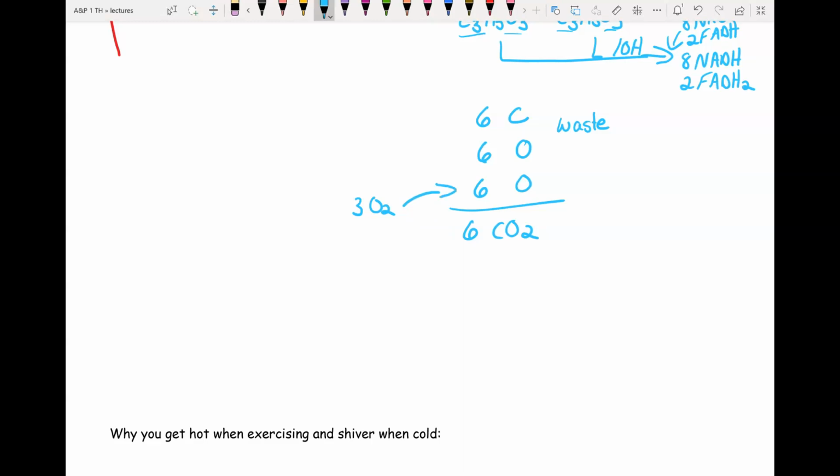So this is O2. That means it's an oxygen atom bonded to an oxygen atom. So for each O2, you have 2 oxygen atoms. So if you just take 3 times 2, that's 6. You get 6 oxygen atoms. This is basically saying you have 3 pairs of oxygen atoms. Well, if you have 3 pairs of oxygen atoms, you have 6 oxygen atoms. So we get 6 CO2. And this then is what you put in your blood.